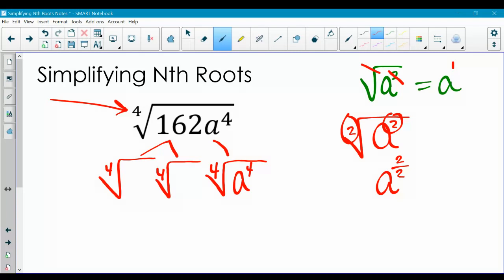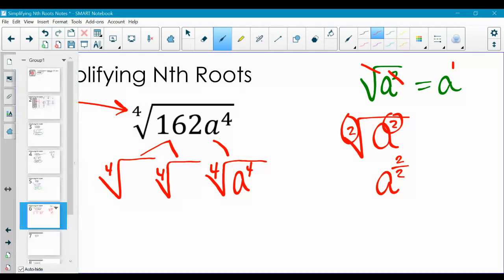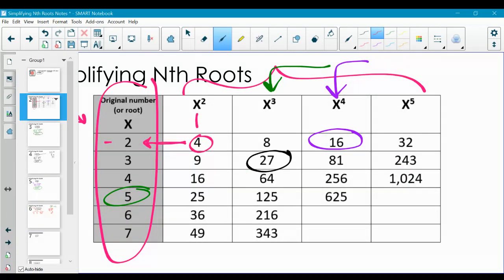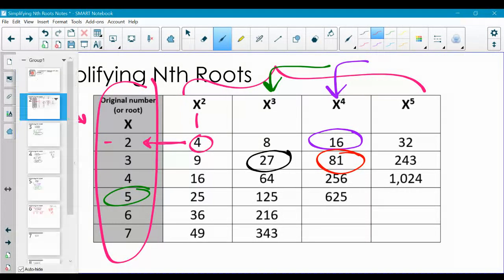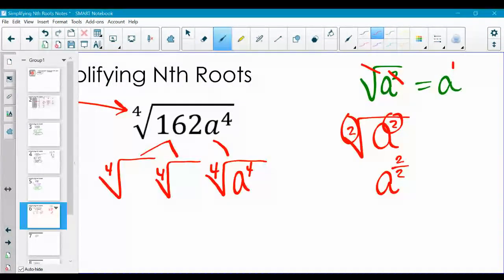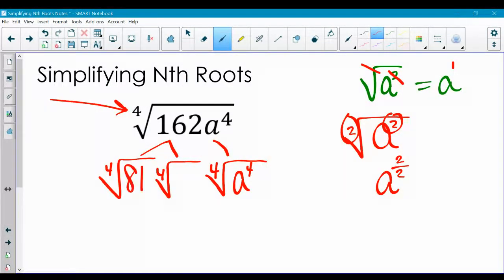So 162. We want to go back to our fourth root column, and 162 is actually 81 times 2. So when we go back here, we're going to say 81 and a 2.